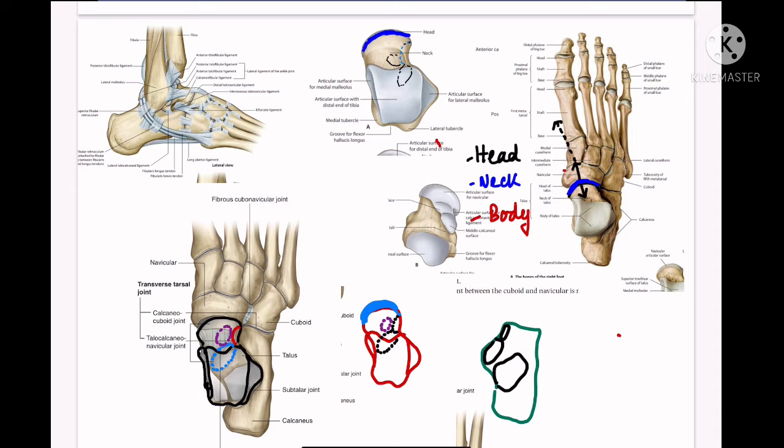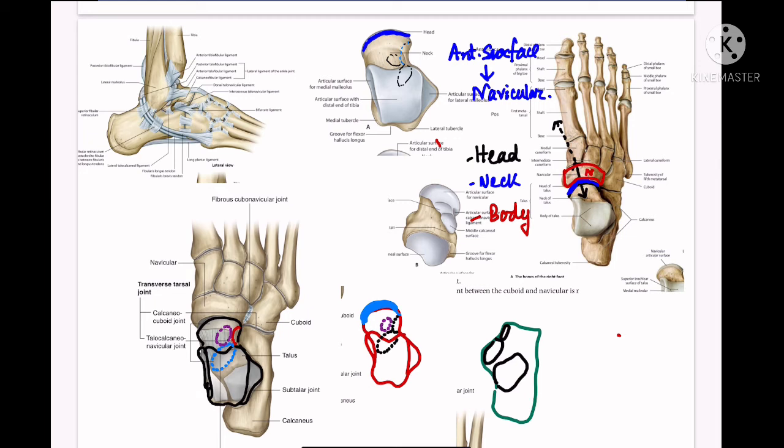So in front of the head there is the navicular bone. So with the concavity of the navicular, head is being fitted. So the anterior surface of the head fits with the concavity of navicular.